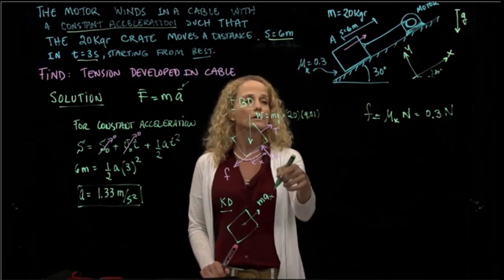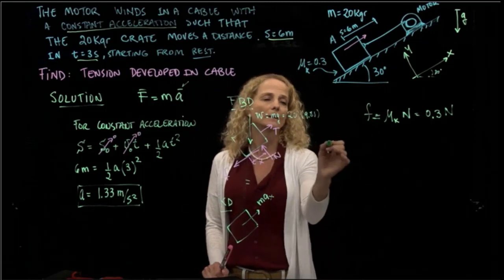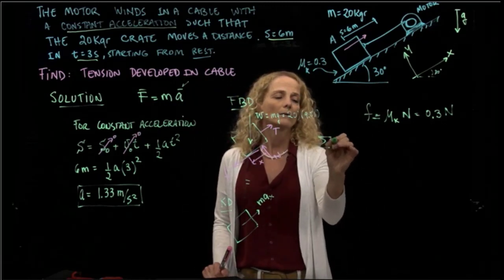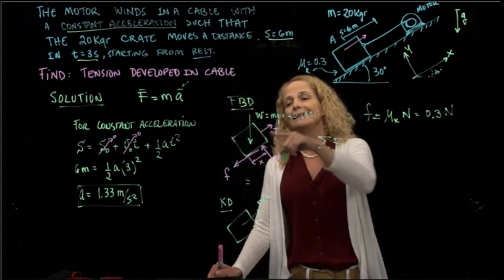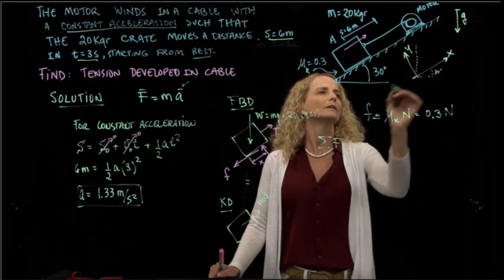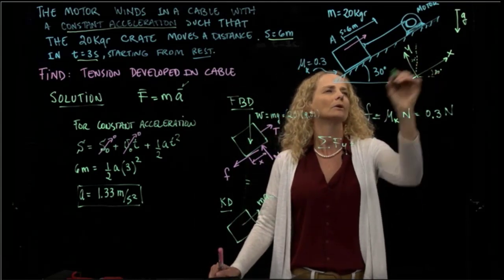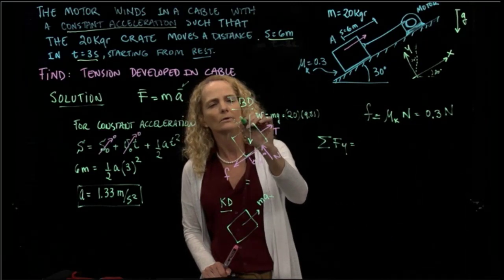So let's first add forces in the y direction to find how much that normal is. In y, if this vector is vertical, you see that this angle here is also 30 degrees.